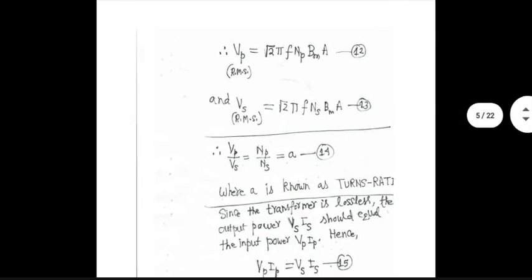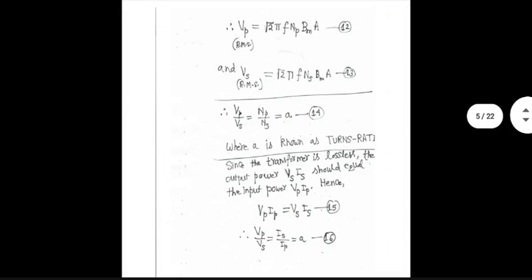Because it's a lossless transformer, and we will assume power factor equal to 1 throughout, VpIp should be equal to VsIs. Input power should be equal to output power. Transformer is not an active device. It will not generate power. It will take whatever is coming in and pass it on the other side.